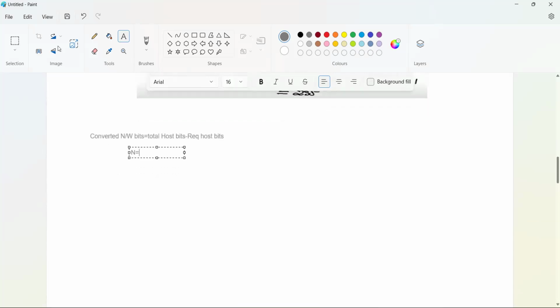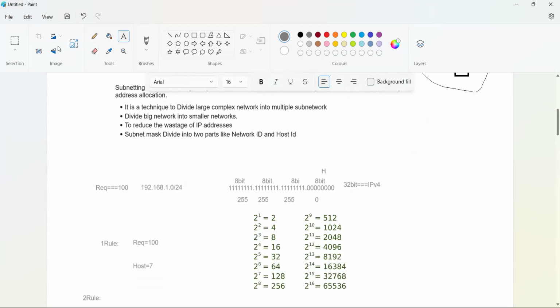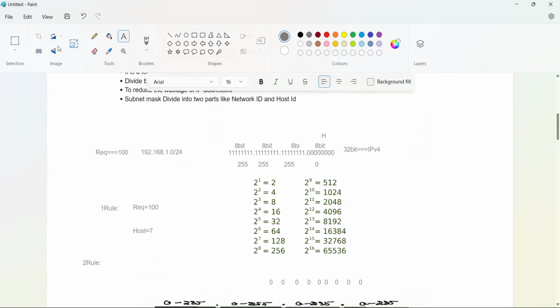See, total host bits. Which class IP address is this one? Guys, this one is which class IP? Class C, 192.